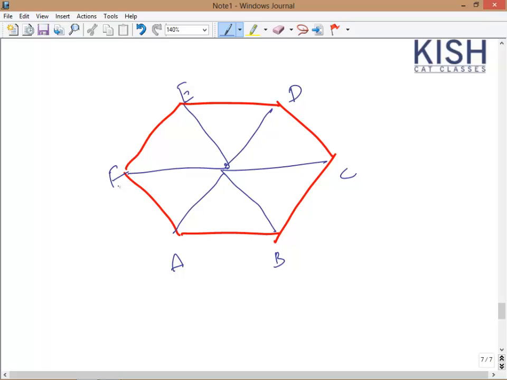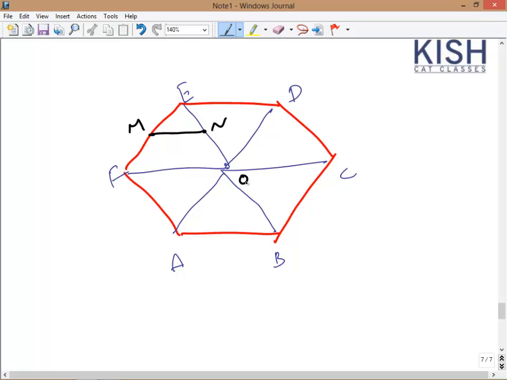Now, according to the midpoint theorem, if a line is drawn passing through the midpoints, let's say I write as M and N, MN is half of FO. Let's say if I write here FO.